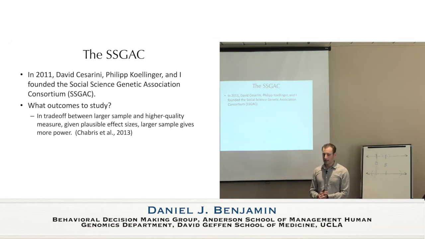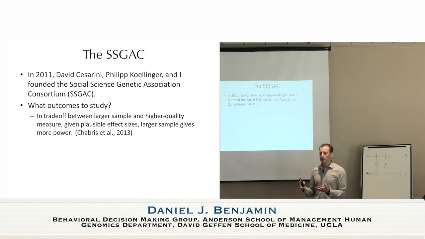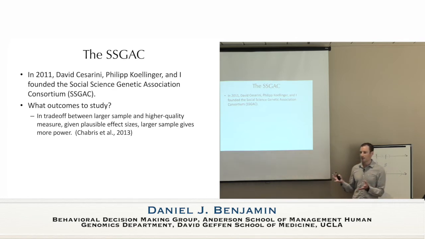In medical genetics, even though the first GWAS had been done in the mid-2000s and there were some successes, by 2011 there had been GWAS of many phenotypes, and the typical sample sizes were still in the range of 30,000 to 50,000 people.